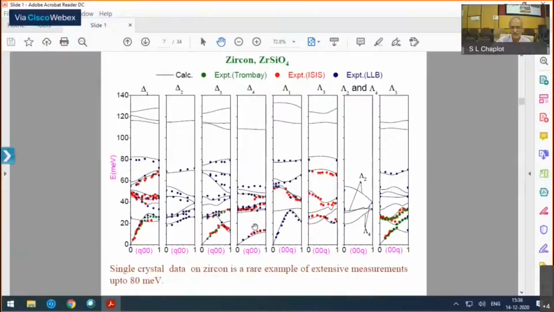It's not a rule, but depending on the point group symmetry, it is possible to identify the values in the reciprocal space, the G vectors, where you can measure one of them exclusively, or only a combination of 1 or 2 of them, but not all 4. Okay, so that way it's a very useful method.